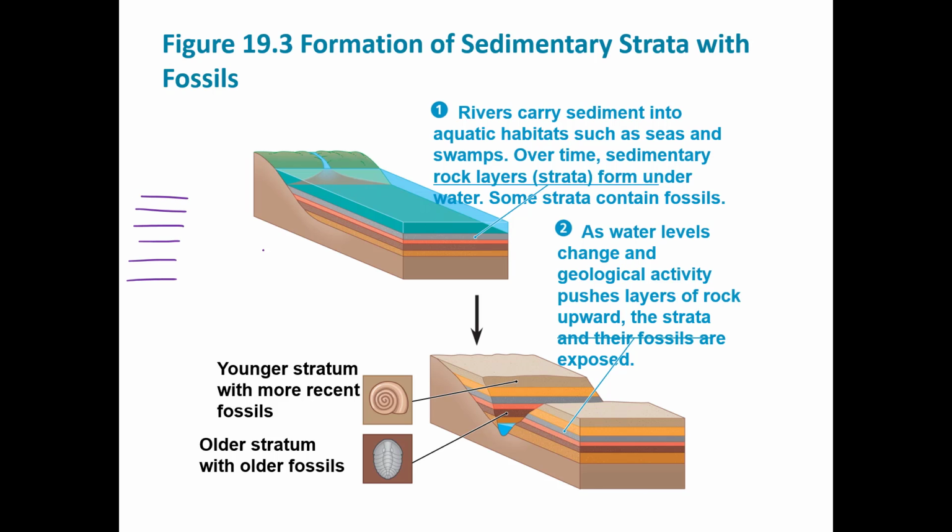Sedimentary rocks occur in layers. And they come up with this idea that the ones on the bottom are older and the ones on the top are newer or younger, right? And this is called the Law of Superposition. The idea that rock layers on the bottom are older than the rock layers on the top. So the Law of Superposition.